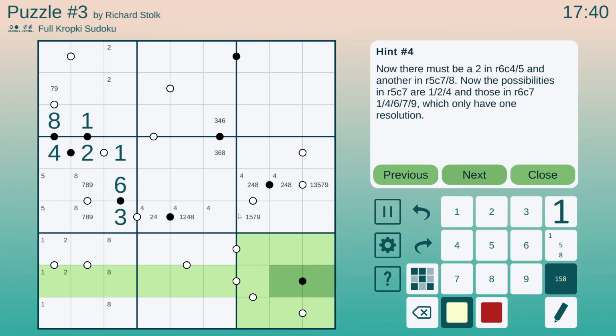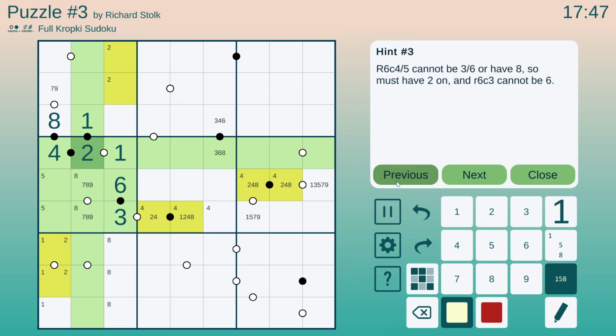I feel like the only... I mean, is it saying that there must be a 2 in here? Hold on. Row 6, column 4 or 5 cannot have 3, 6, or have 8.